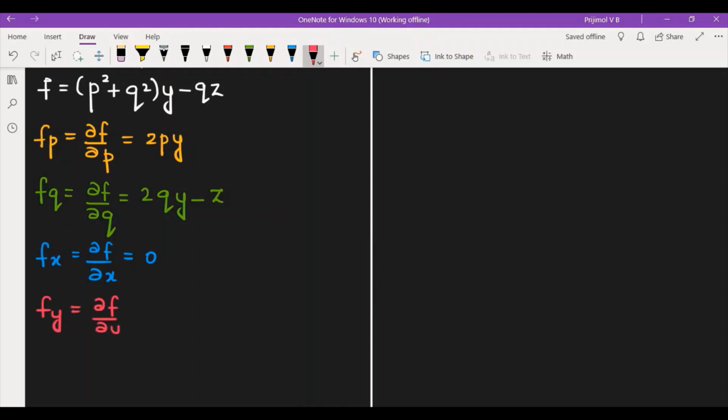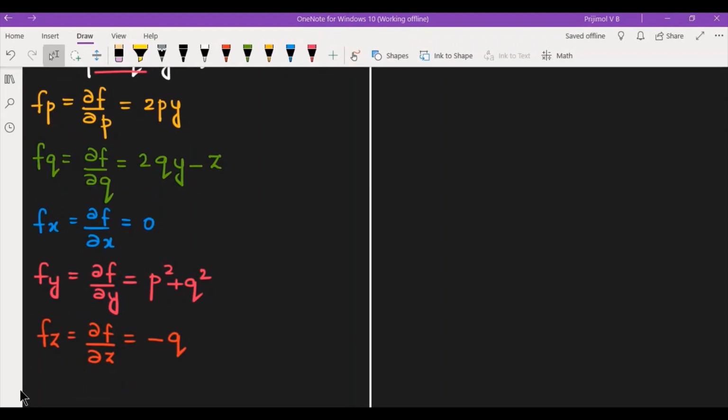Differentiating f with respect to y, we have a term y in this equation, so you get p square plus q square. Next we find fz. Differentiating f with respect to z, even x and y are considered as constants, so you get minus q.